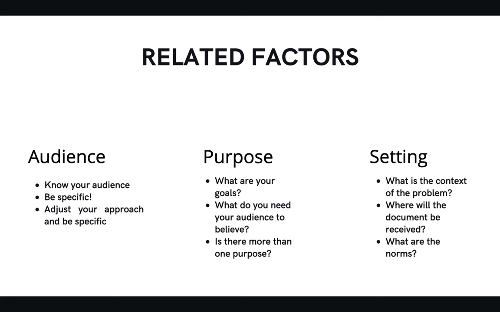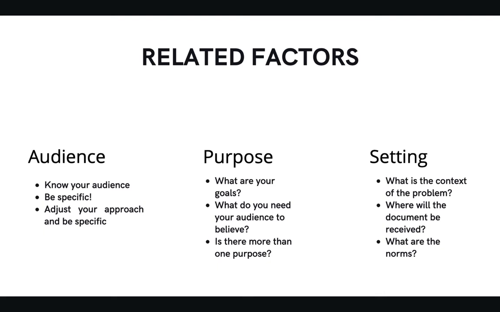And then again, another related factor is your purpose. You have to think about what your goals are. What do you need your audience to believe? Is there more than one purpose? I mean, texts can be multidimensional. They don't have to just be one thing. Again, sometimes in writing courses, we're conditioned that you have an introduction with a three-pronged sentence, a three-pronged thesis that says, I'm going to discuss A, B, and C, then you have a middle, and you have an end.